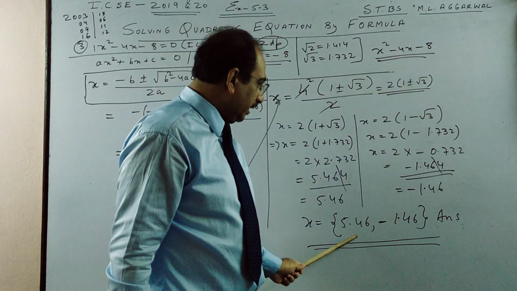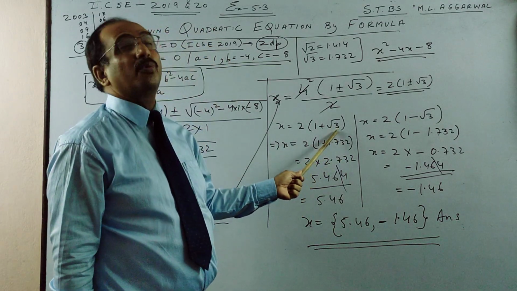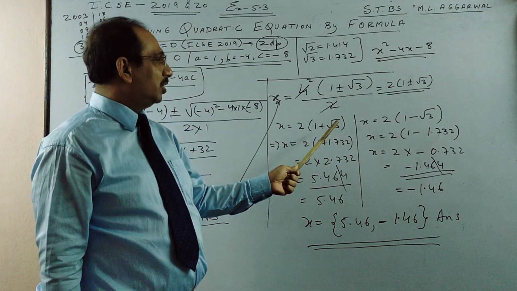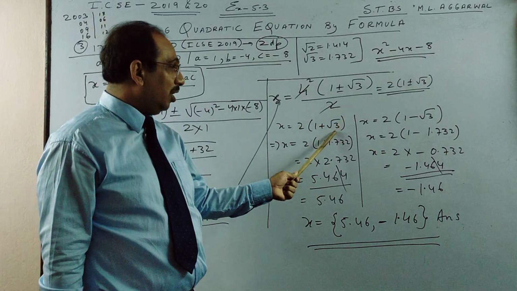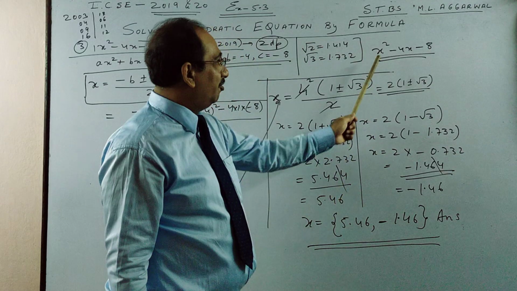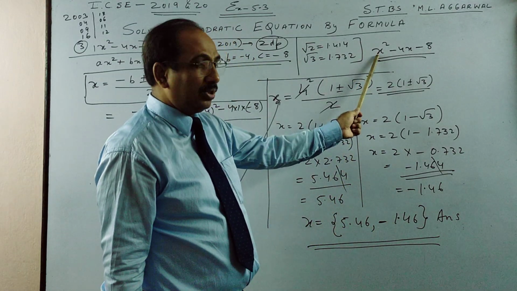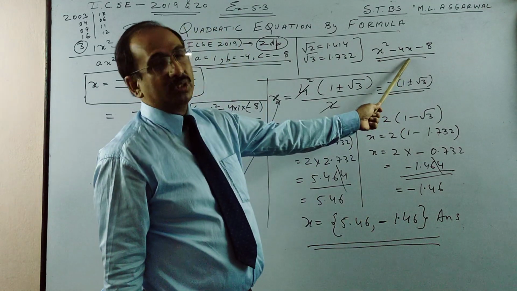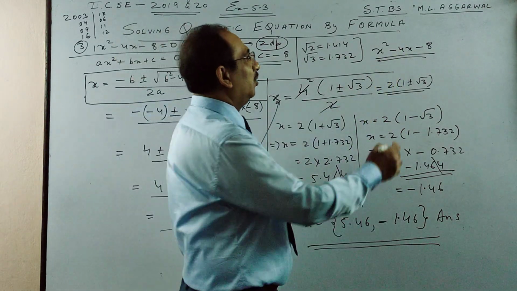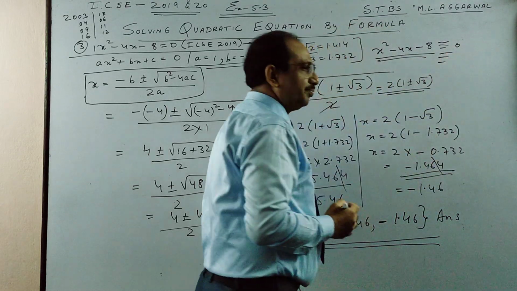Exact 0 you will not get if you put, because 1.732 is an approximate value of root 3, because this is a non-terminating, non-recurring decimal. So roughly when you put in place of x 5.46, or minus 1.46, it will give you a value very close to 0, but not exactly.